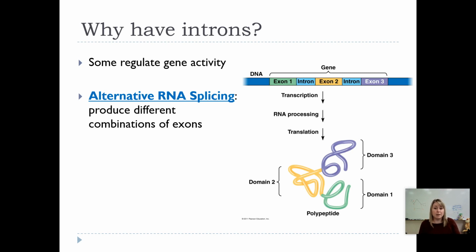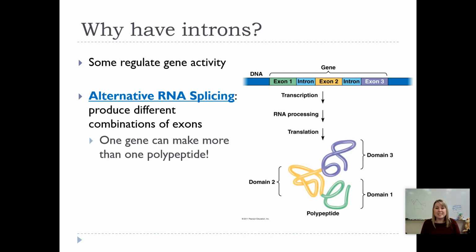But more importantly, the function of introns is you can have one DNA code for multiple proteins or multiple amino acid chains. All you have to do is change the way you splice it. So because there is alternatives to how you cut the RNA, you can make the same RNA template, the pre-mRNA, but process it differently. Cut it in different places, and then the final copy is a totally different, unique sequence. And you can make a different polypeptide each time.